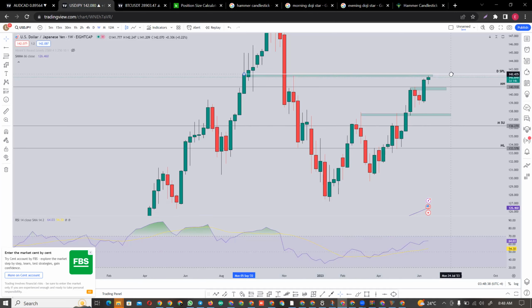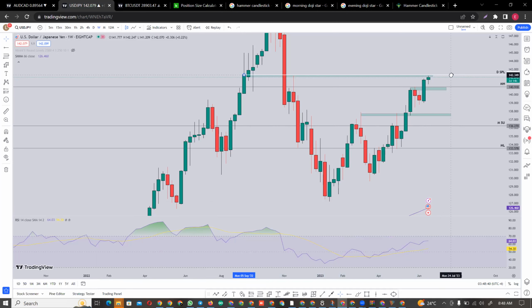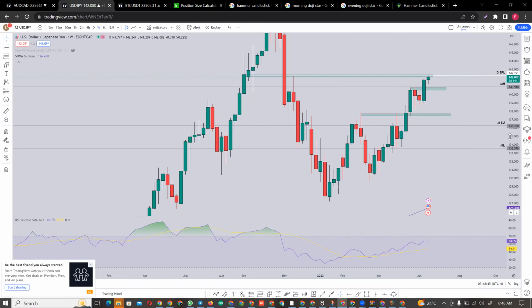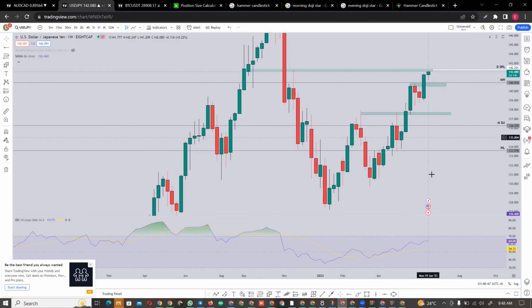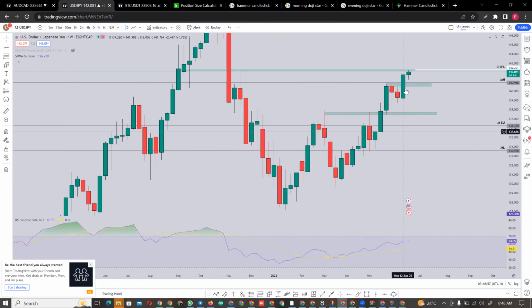I just marked it to see how the market will react at it, because to me, it will serve as resistance since it's on the weekly time frame. Everything on the weekly time frame is reliable, including daily too. So I just marked it.